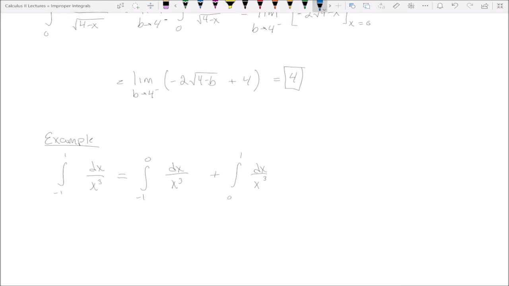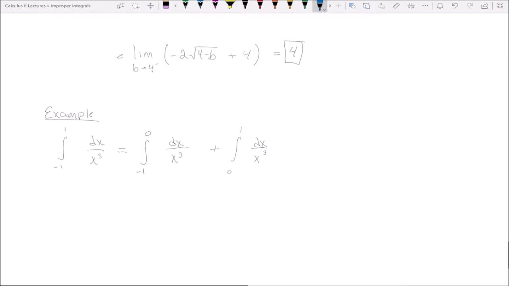Again, we want to look at each one individually. So let's start with the integral from minus 1 to 0. This is going to be the limit as b approaches 0 from the left of the integral negative 1 to b dx over x cubed.